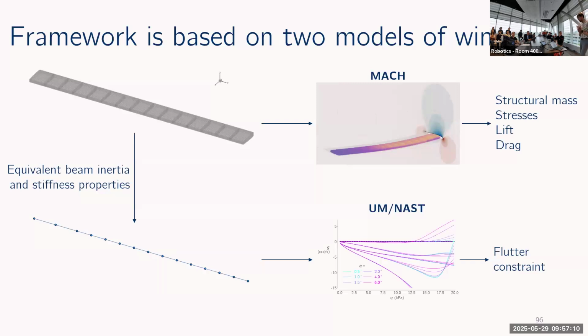And so what I would probably do is for most of those load cases, I would take an approach similar to this, where you take your detailed model, condense it down to a beam, maybe couple that to something like a panel method, much cheaper than CFD, do the aerodynamic analyses there, and then extract the aerodynamic loads and apply them back to the detailed wing box model for sizing.